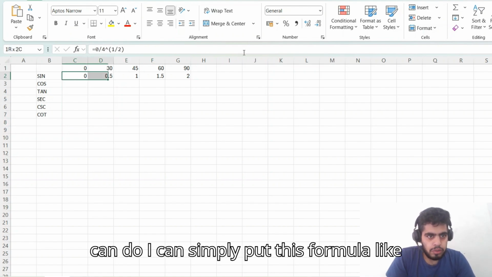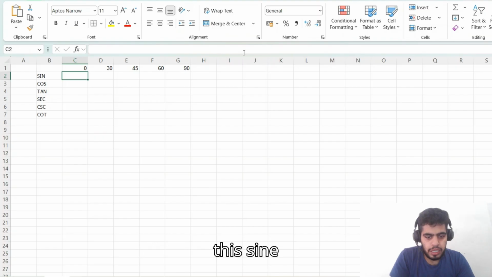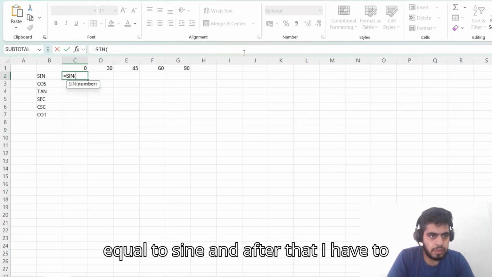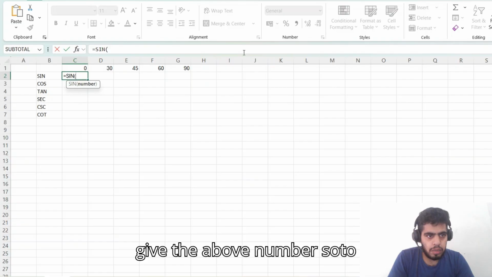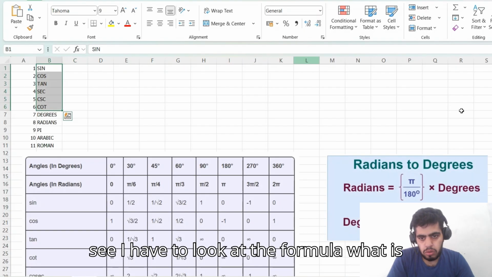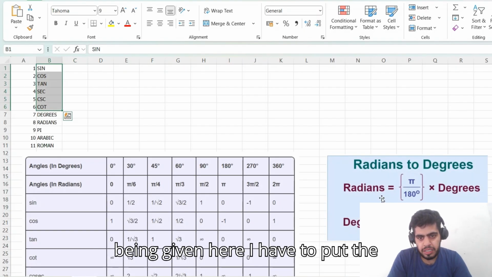How can I compute this value dynamically? I can put the formula like this: equal to sine, and after that I have to give the above number. To get that number, I have to look at the formula given here.